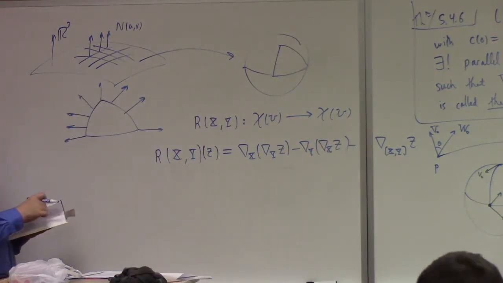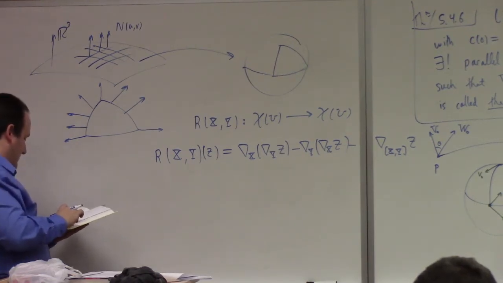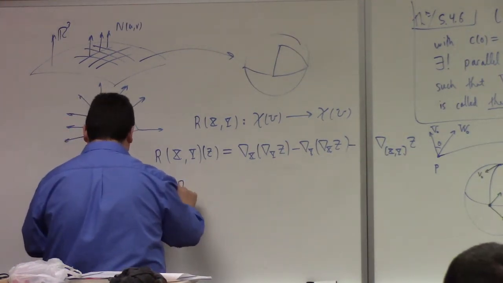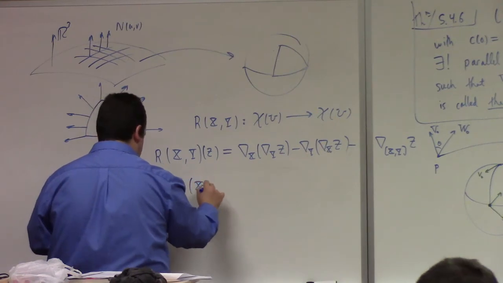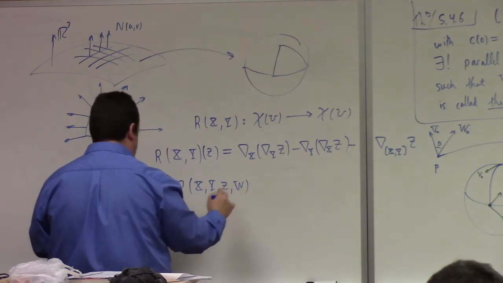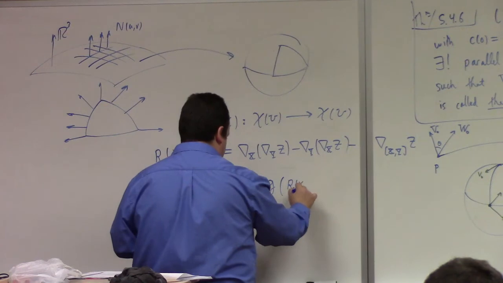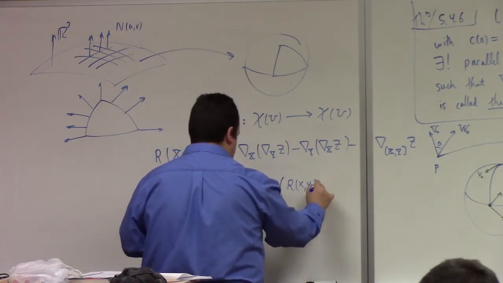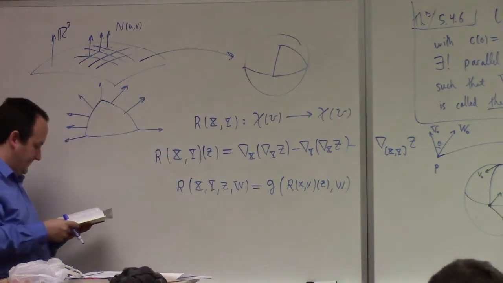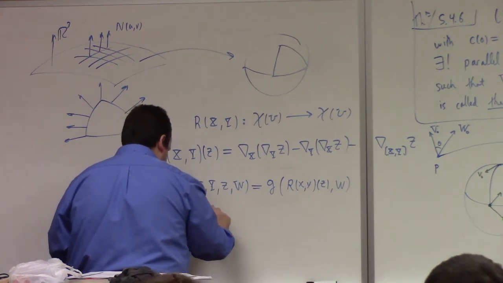And then, of course, we can define the 0,4 tensor R(X, Y, Z, W) as equal to g of R of X, Y of Z with W. So this R is a 0,4 tensor.